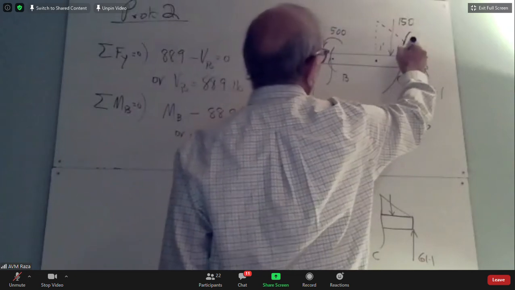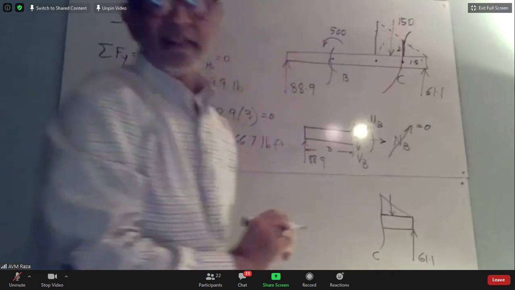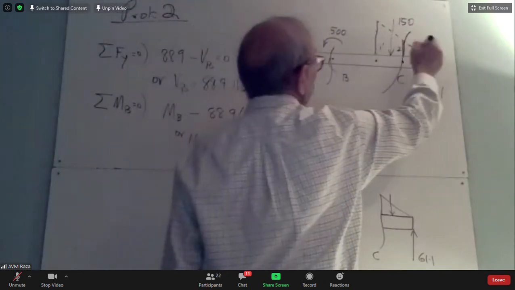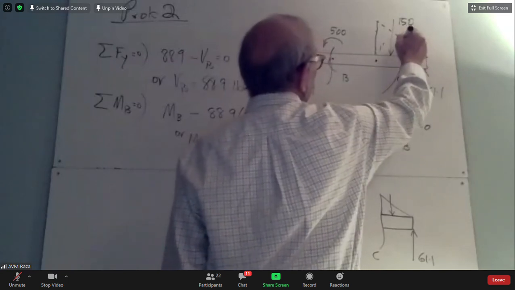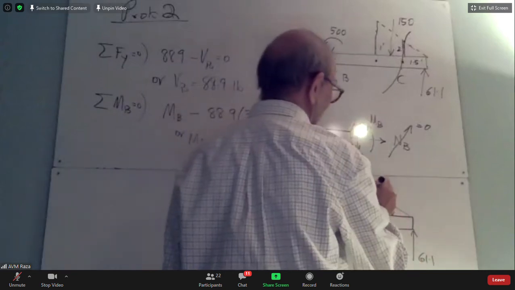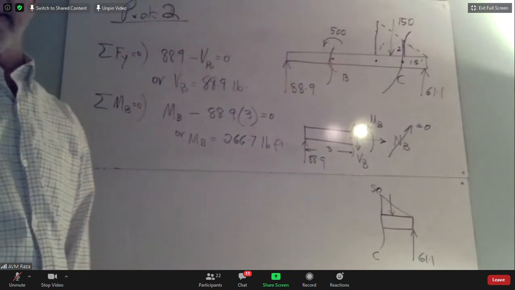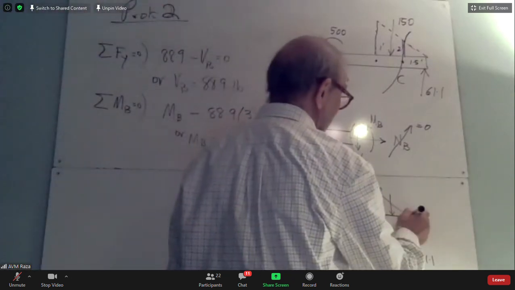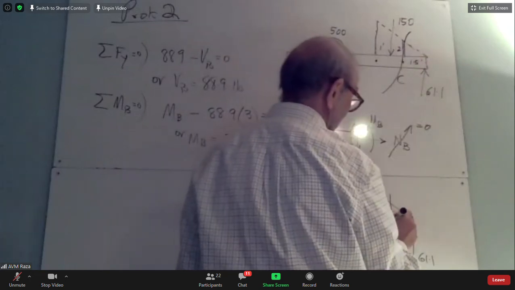What is the value of this? This was 100, am I right? Yeah, this was 100 and this was 3 feet. So if I'm at 1.5 feet, how much will this be? By similar triangles, you can show that this will be 50 pounds, not 100 anymore. And this distance is, we are saying C lies in the center, so this is 1.5.